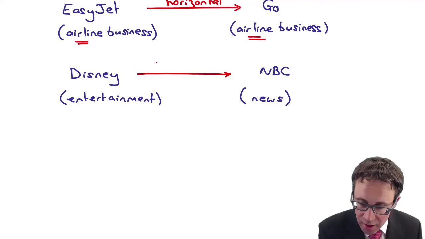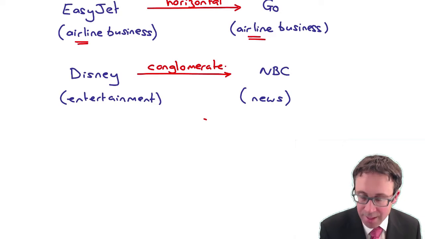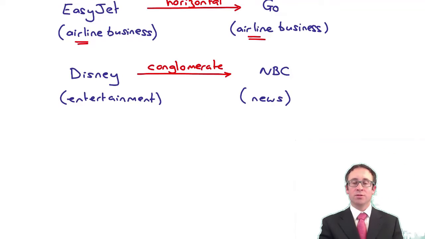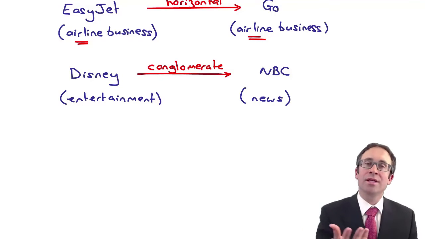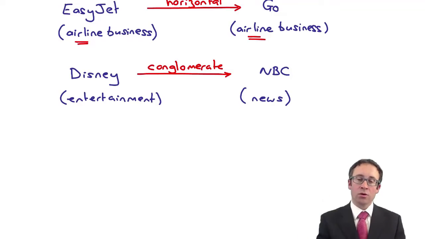So what you've got there is referred to as a conglomerate merger or conglomerate acquisition, okay, or conglomerate integration, okay. Again, it doesn't necessarily have to be an acquisition, or it could be a merger. It's all about whether it's horizontal or conglomerate.